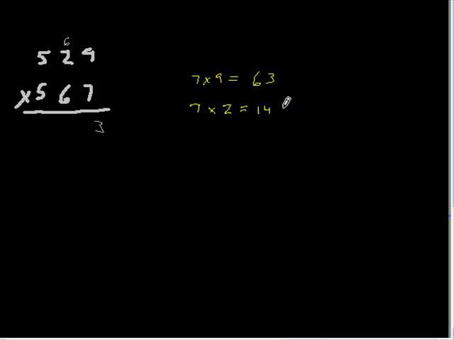But I've got to add the 6 that I carried over. So 14 plus 6 equals 20. So I'll put the 0 down below, carry my 2, and 5 times 7 equals 35. Add the 2 that I carried over. Equals 37. And I'll place 37 down below.